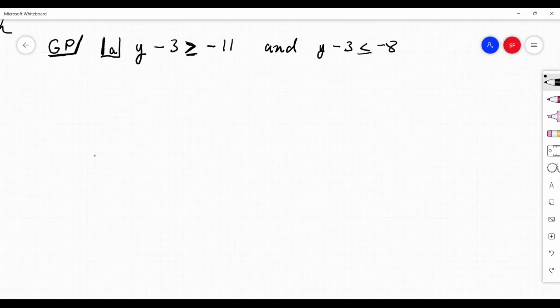And GP 1B: 6 is less than or equal to r plus 7, which is less than 10. Go.